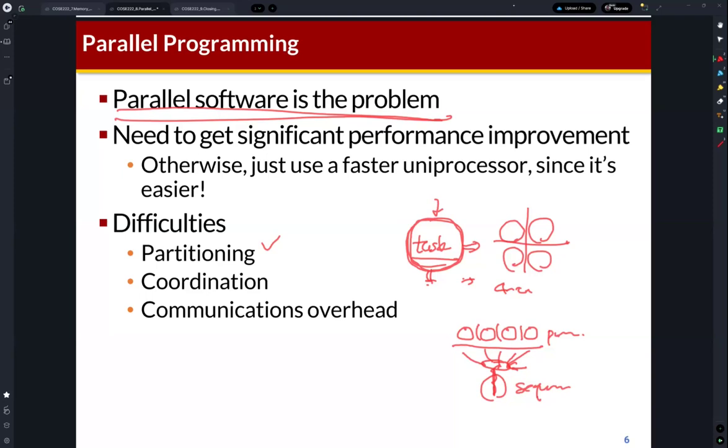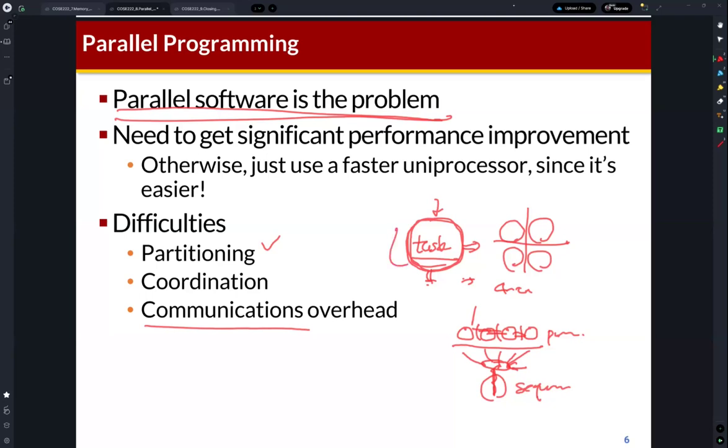Another issue is communication. Sometimes parameters and some data are shared by multiple partitions, so the data need to be communicated between multiple threads or partitions. But it takes time, right? So we require some communication protocols for this data communication.